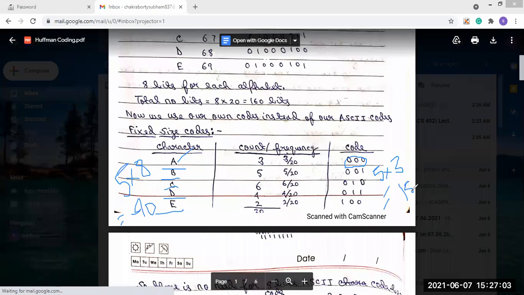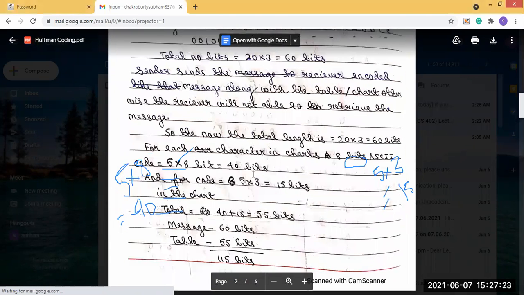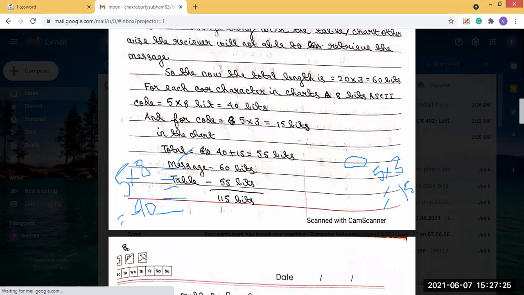Then 40 plus 15 is 55. These 55 bits should be added to the 60 bits of the message. So our total becomes 60 bits plus 55 bits, which is 115 bits. So a total of 115 bits should be transmitted from sender to receiver.